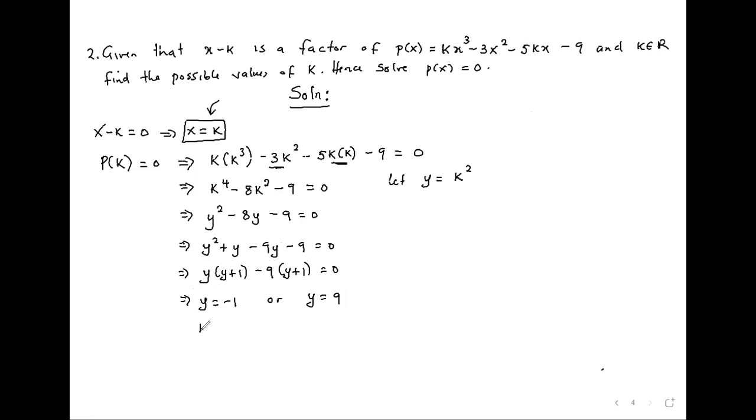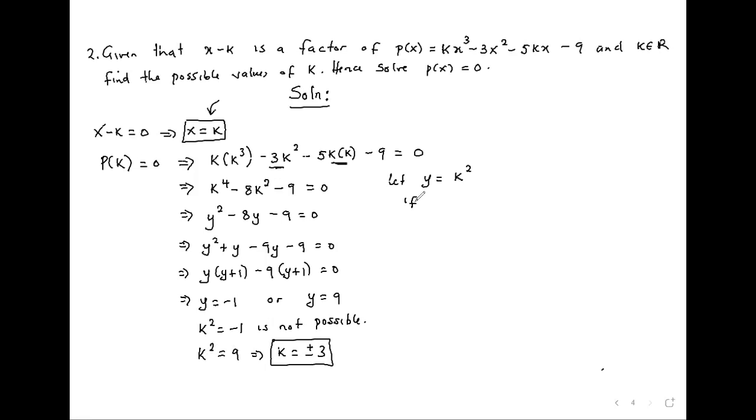So k squared equal to negative 1 is not possible. So k squared is equal to 9, implying that k is equal to plus or minus 3. This is possible. To answer the next question, hence solve p of x, you pick just one value at a time.